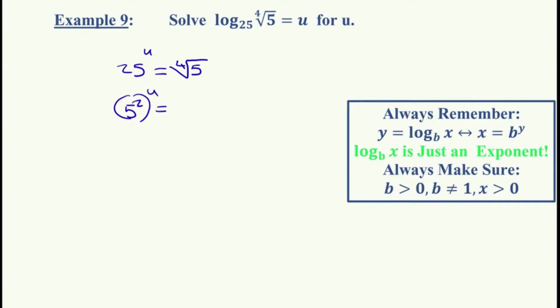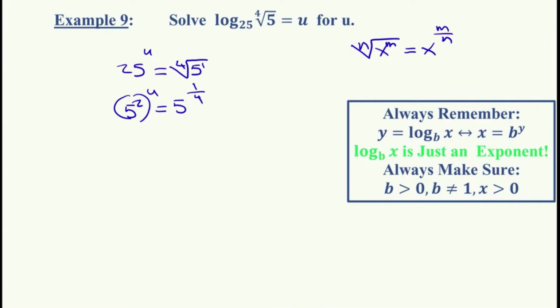And of course we know we have the rule that says the nth root of x to the m equals x to the m over n. So we get 5, of course here the exponent is 1 to the power of 1/4.